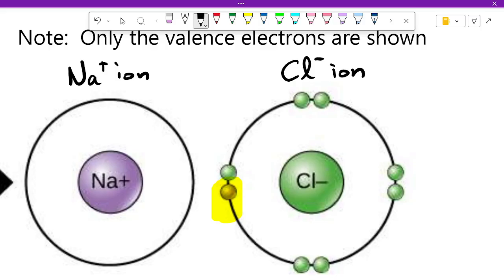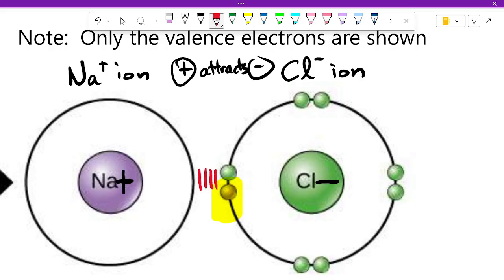If it gives away a negative, it becomes positive. And chloride becomes negative, and positive attracts negative. So we have this attraction between them.